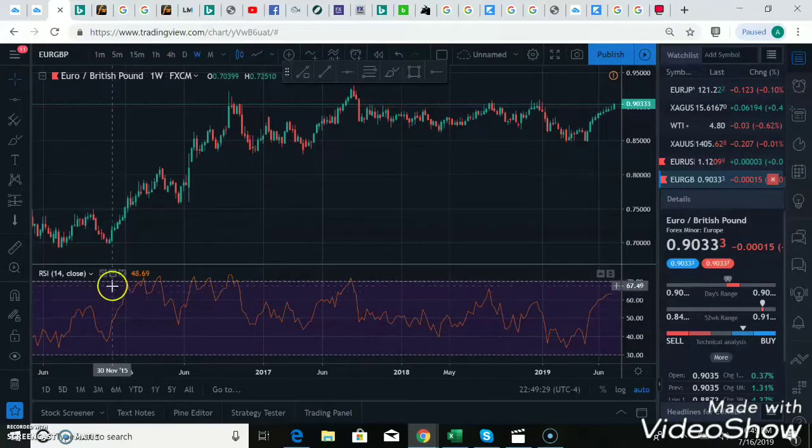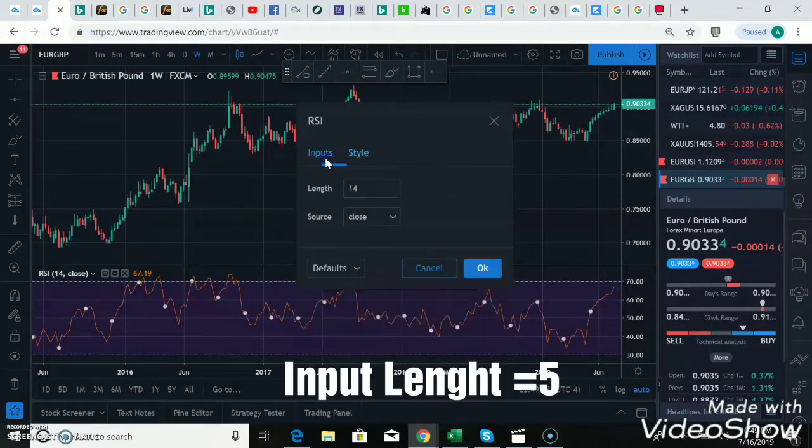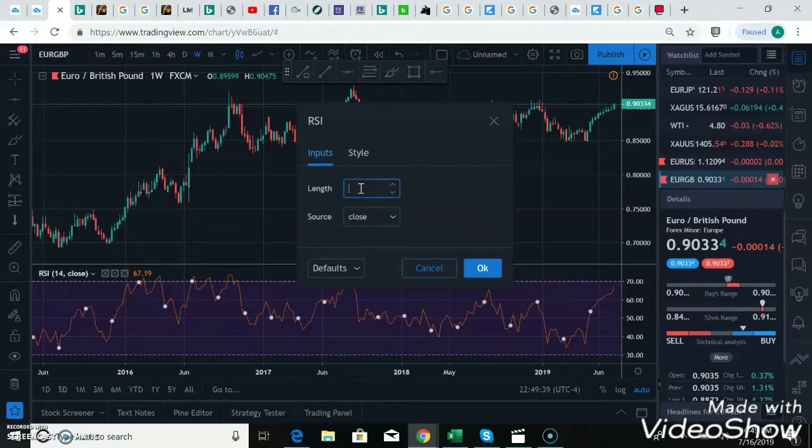Now I'm going to edit the RSI settings. Now the settings I like, first of all, the input, I'm going to put the length 5. Just do it right now, okay? Just understand, just do it, okay?